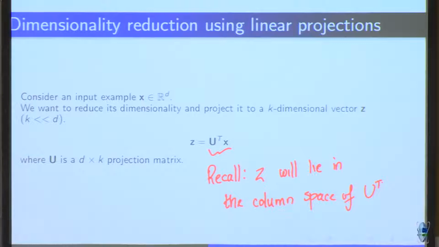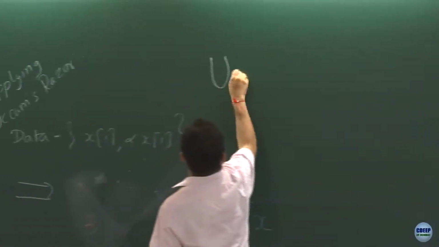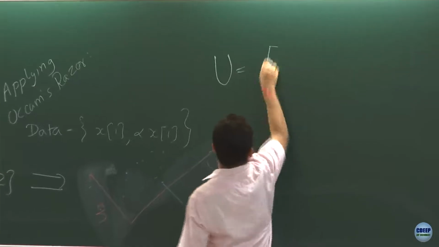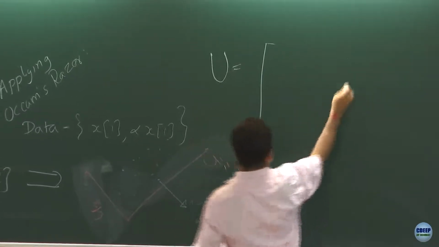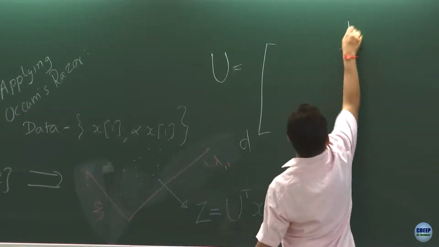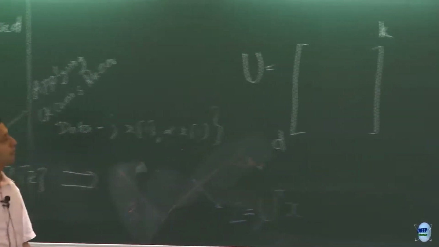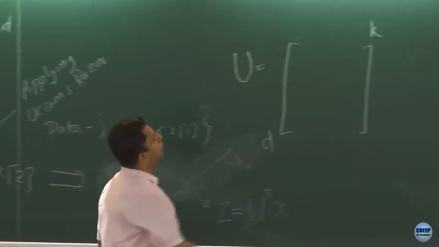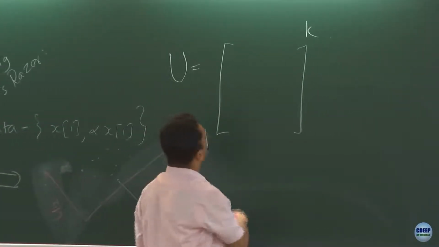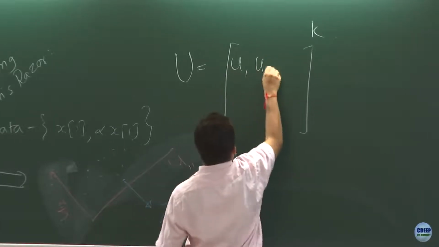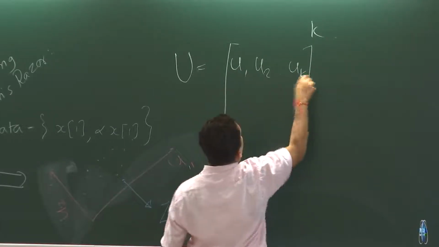Okay, and what are the dimensions of U? Let's mark that as well. So U is a D by K projection matrix. U1, U2, UK.